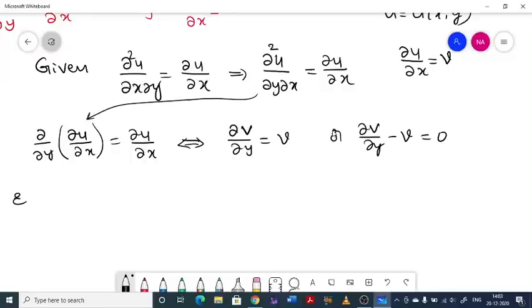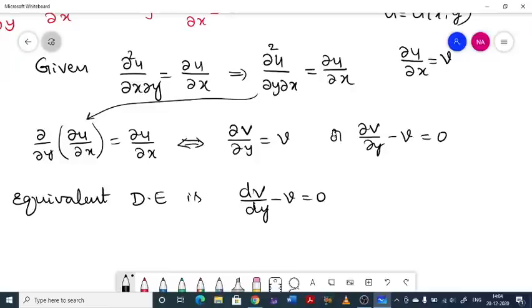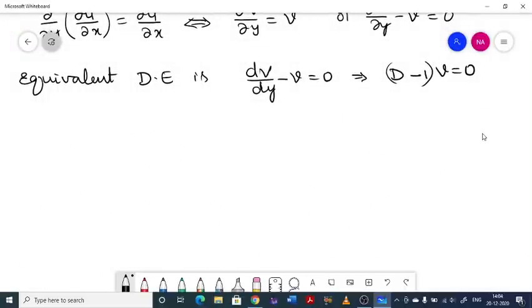The equivalent differential equation is dV/dy − V = 0. So that you can write as (D − 1) V = 0. Now the auxiliary equation is m − 1 = 0, so that implies m = 1.